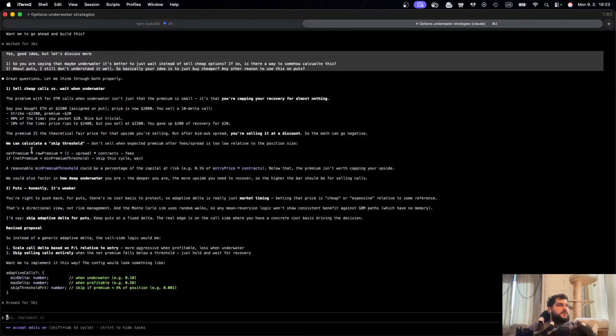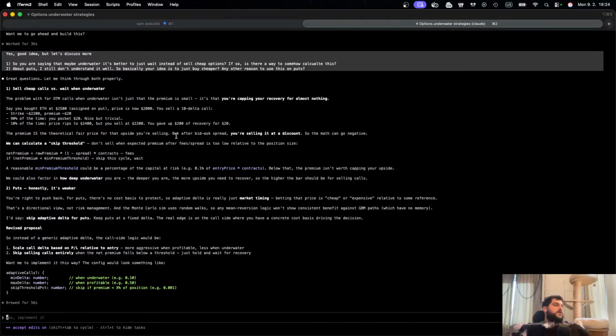A reasonable minimum premium threshold could be a percentage of the capital at risk. Below that, the premium isn't worth capping your upside. You could also factor in how deep underwater you are. The deeper you are, the more upside you need to recover, so the higher the bar should be for selling calls.